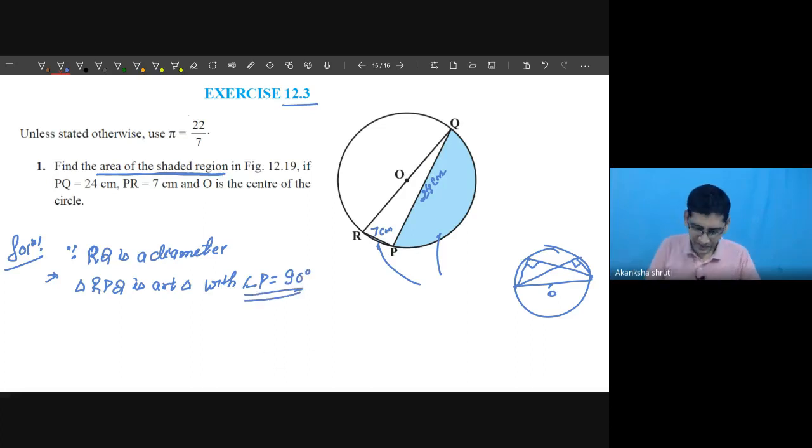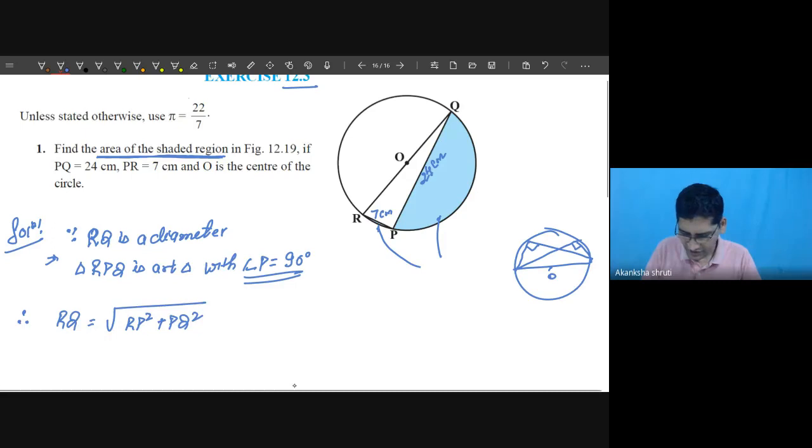Therefore, the diameter RQ is obtained by taking the Pythagoras theorem, means RP square plus PQ square.